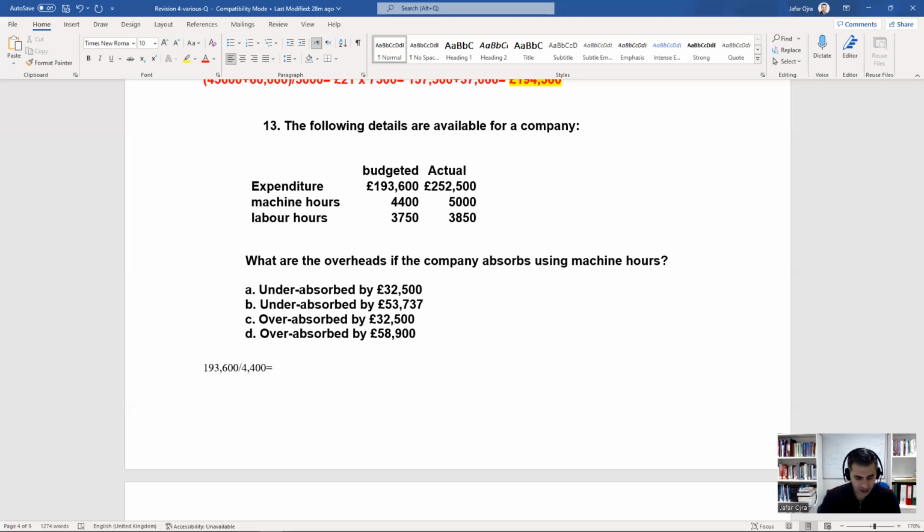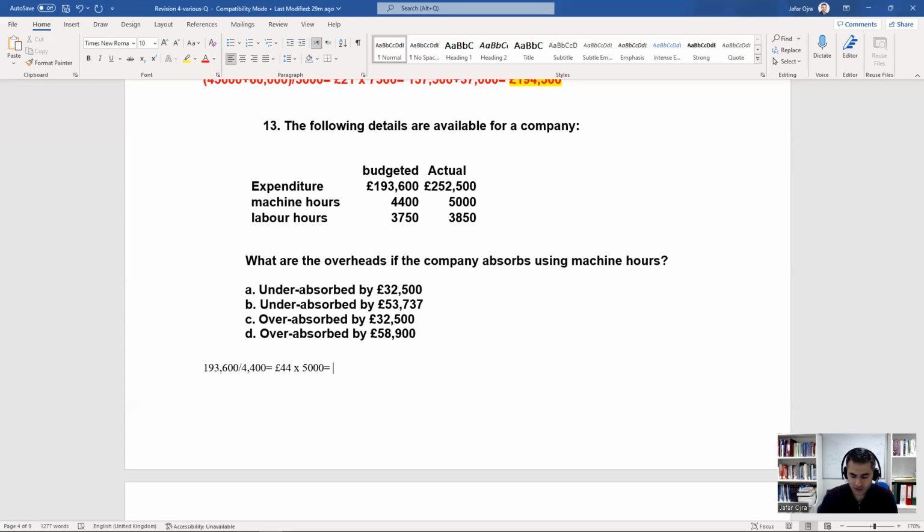That makes £44. Then after that you multiply £44 by the actual machine hours. We're talking about machine hours only, because the question asks you for machine hours. So that's 44 times machine hours, which is 5,000.